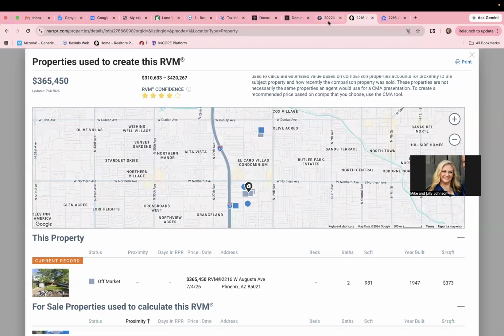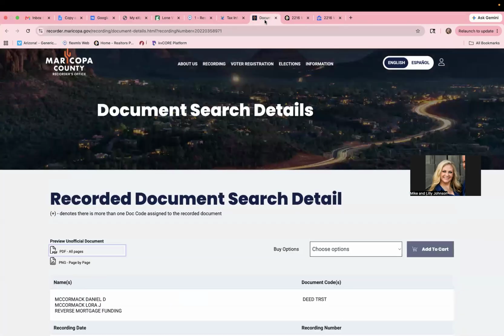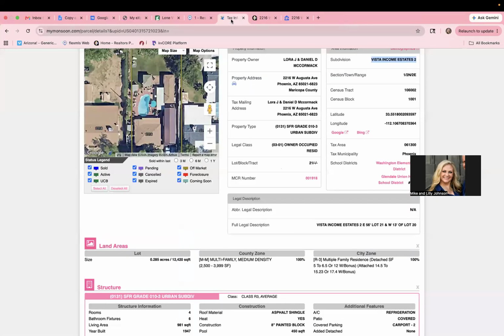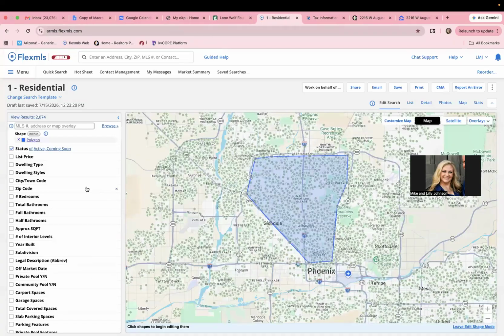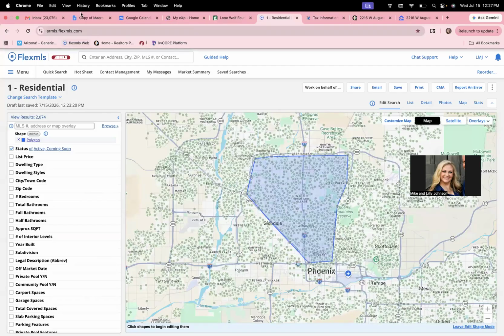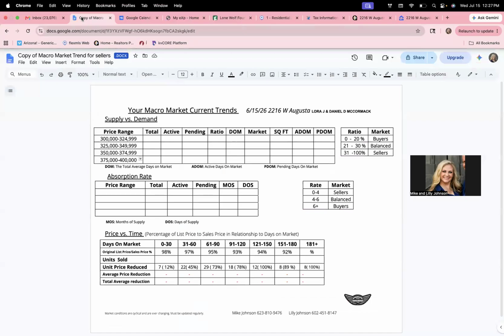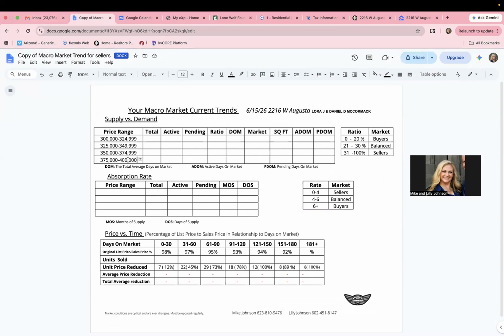Okay, let's go back to here. So here I am just trying to figure out. I'm going to write this down because I have done my ranges from 300 to 400. You'll see I just did 25,000 increments here.